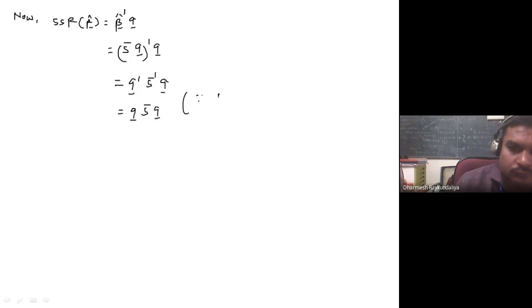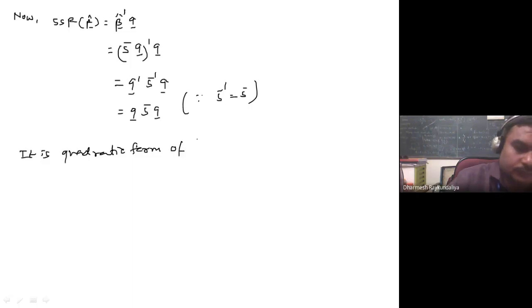That can be written as S bar Q. So this is Q transpose S bar dash Q. And because we are writing in the form of a BLUE, this is S bar Q. This is nothing but a quadratic form of the left hand side of the normal equation.